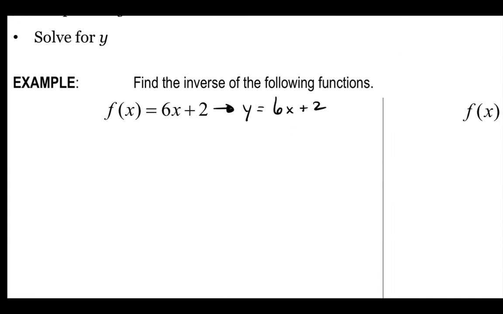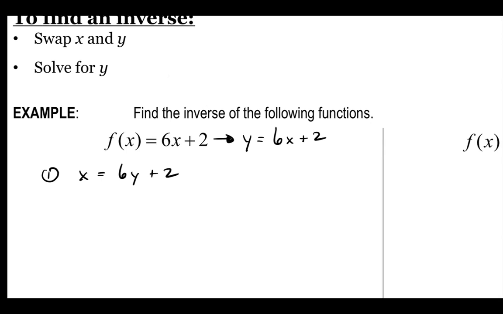Step 1, swap. So now I have x equals 6y plus 2. That's step 1. Step 2 says solve for y, the way you've been doing it for years and years and years, okay?